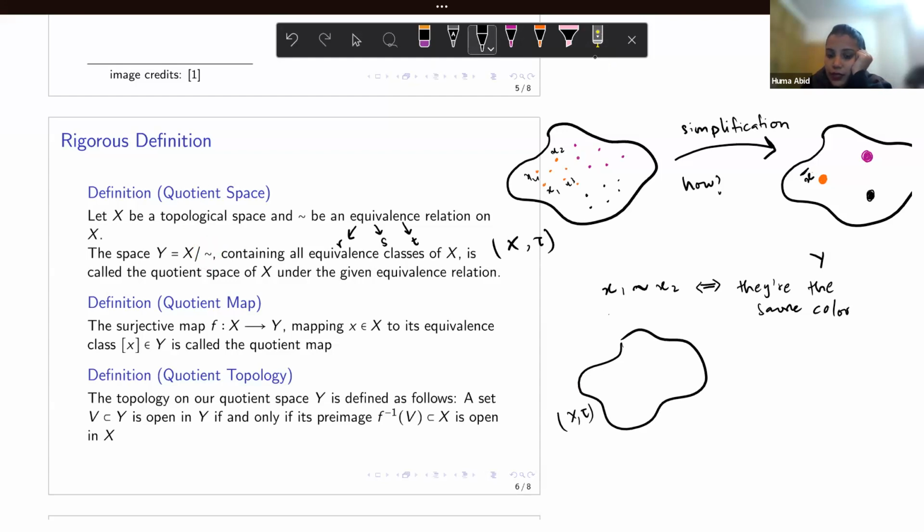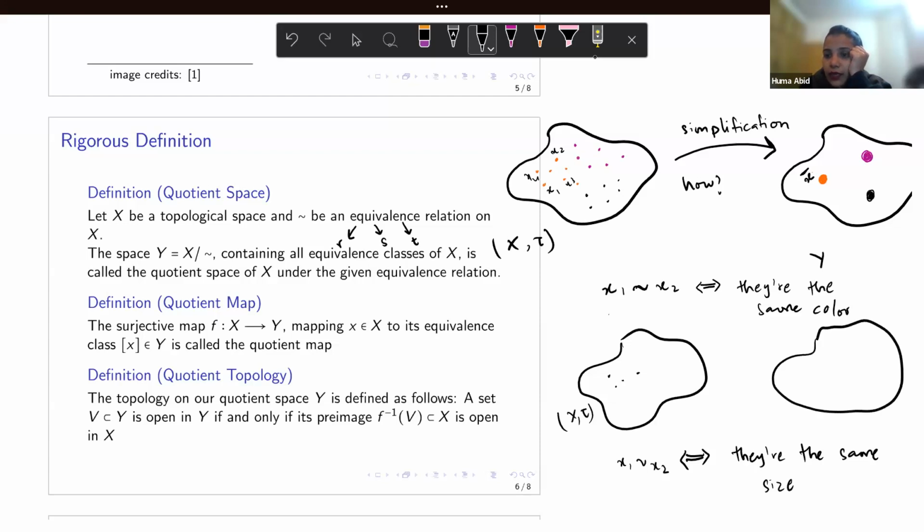So now, for example, I say x1 is similar to x2 if and only if they're the same size, or for example, if they are the same distance from the origin. So this is the origin, and if they're the same distance, right? Then the quotient space that you have will not look like three different colored points.